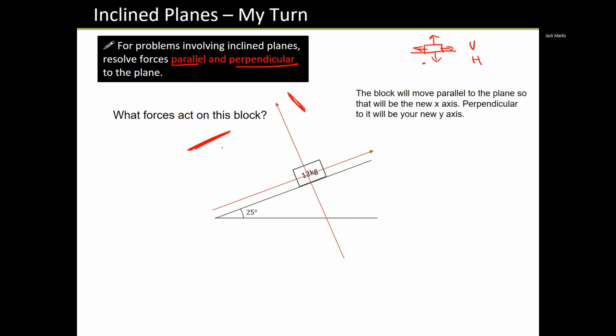If we break every force into one of those, we will be able to do things very much in the same way as before.